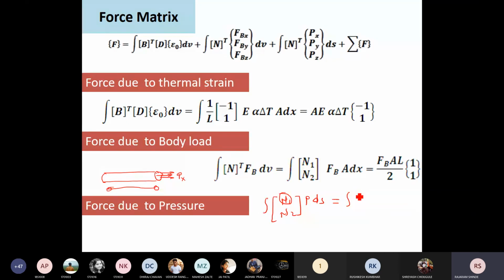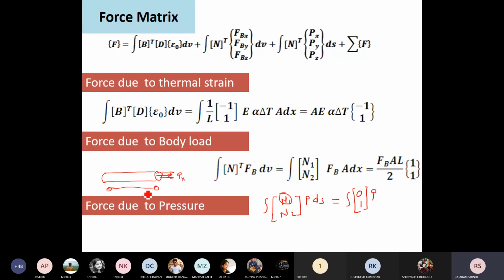So here I am assuming pressure is acting at node number 2. Your N1 will be 0, N2 will be 1, into P ds. ds is the area supporting the pressure.